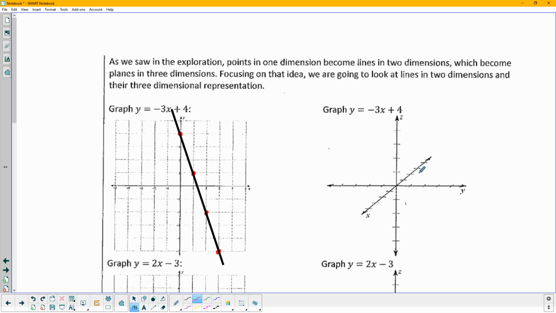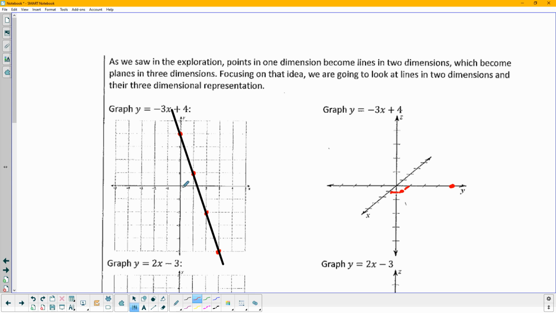So x being 0 means I don't move forward or backwards any. I just go to y at 4. And then 1, 1, this is the point 1, 1, so I'm graphing the point 1, 1, and actually 1, 1, 0. So where those two would intersect would be right in there. Kind of thinking where this point comes from and this point comes from.